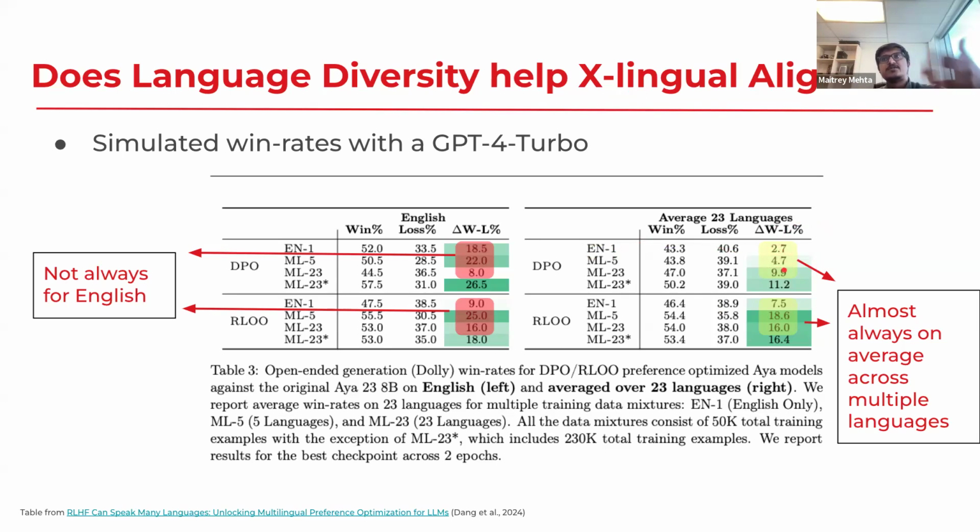But when you're using 5 languages, it increases, and then when you're using 23 languages, it increases again, right? And this is again for the same number of samples, 50,000 samples in total, right? So this is a very, very interesting result, right?